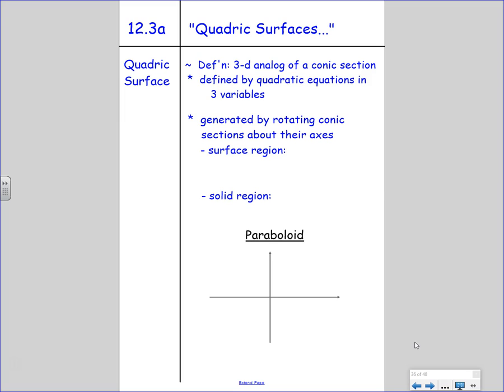What am I talking about? We have to take a two-dimensional conic and bring it into the third dimension by visualizing rotation. You can say revolution, you can say rotation. Anybody in wood shop?